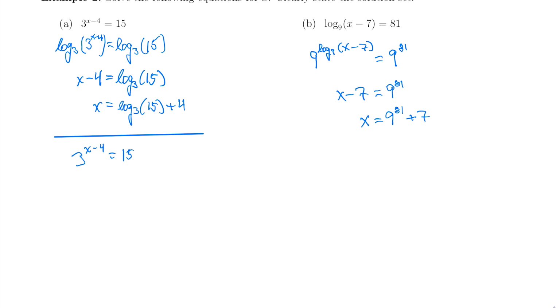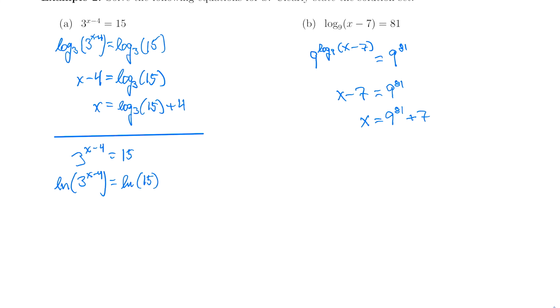And so now, instead of choosing logarithm to the base 3, I'm going to choose a different base, and since I like ln so much, I'm going to use ln, the natural logarithm, and that is of 3 to the power of x minus 4, and then on the right I get ln of 15. I could have also chosen the logarithm to the base 10, or any other base.